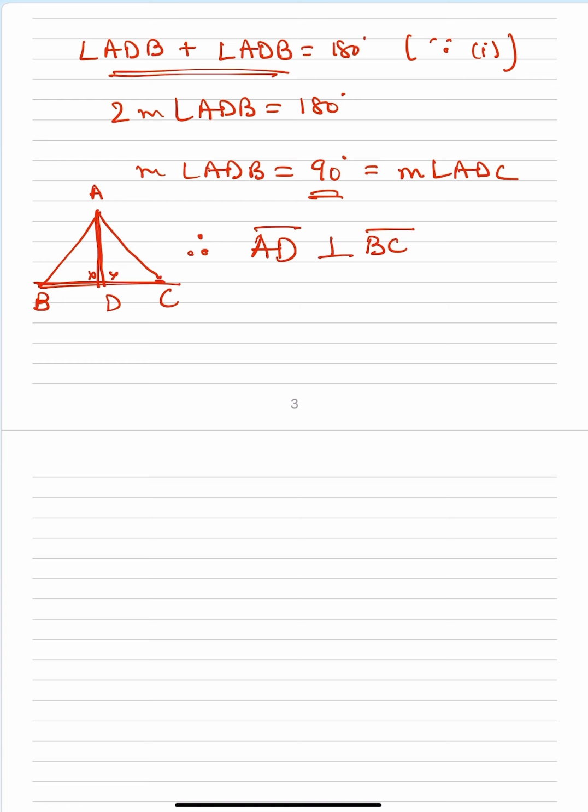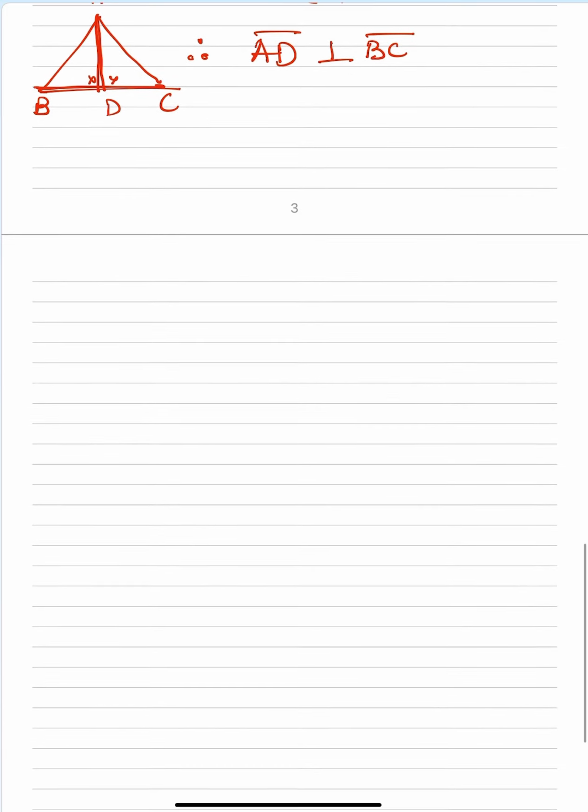Why? Because we have proved that these two angles are 90 degrees, and according to the definition of the perpendicular bisector, it divides the angle into equal halves. Now I will show you the angle bisector definition also. See, these terms are very important for you to do this kind of problem sums, this kind of proofs.